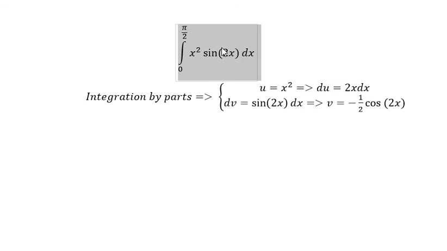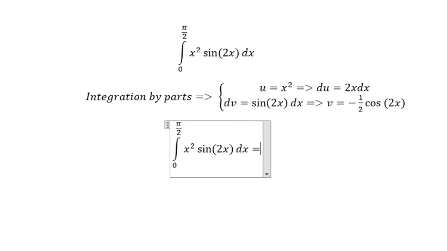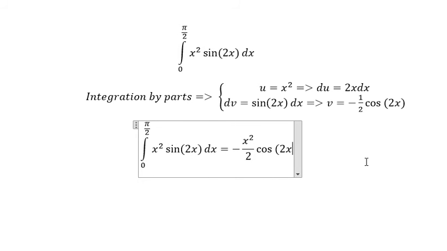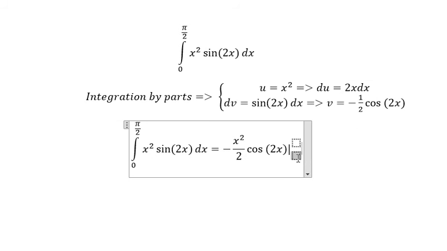Now we need to get the u and v. U multiplied by v, so you get s squared multiplied by negative 1 over 2 cosine 2s. We have 0 and pi over 2.